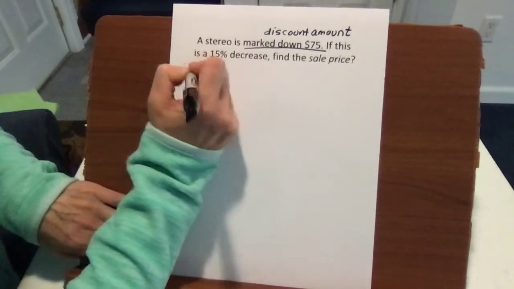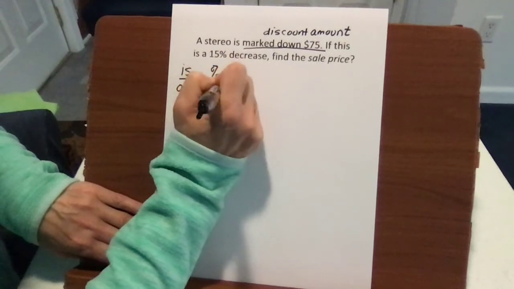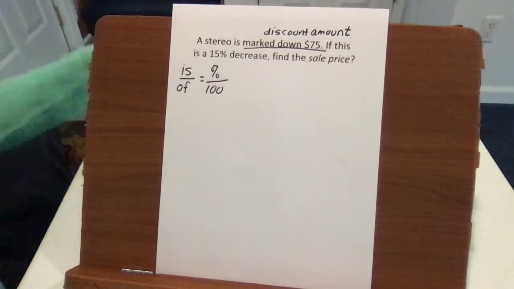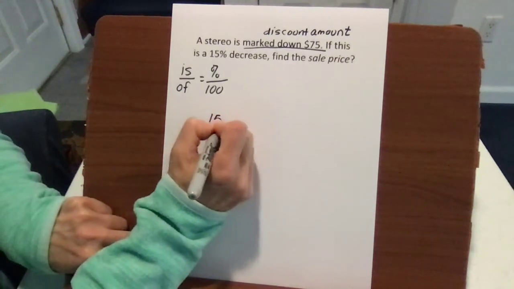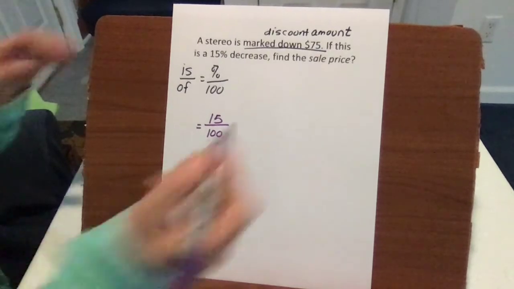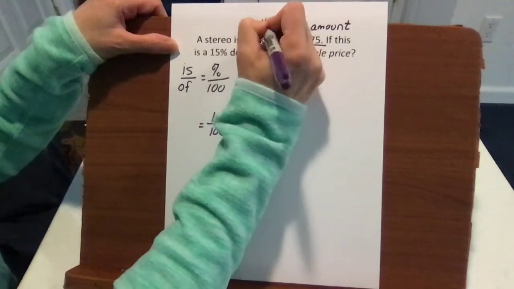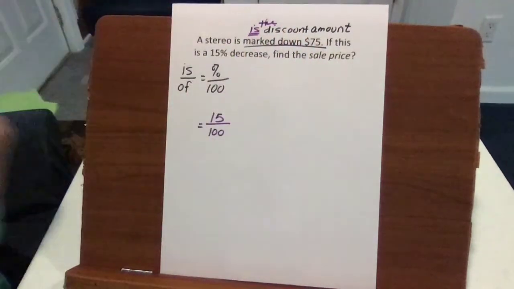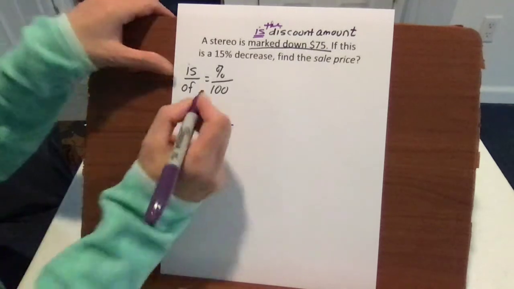Okay, so we have two ways to go about this. Again, we can use is over of equals percent over 100. And again, the percent is 15, so right away we'll just throw that 15 over 100. That makes it easy, no decimals involved. Now, this $75 is the discount amount, so that's really important. That's our is.